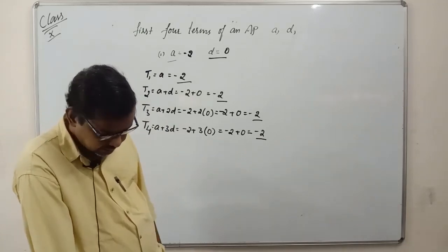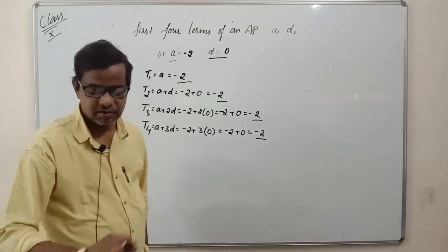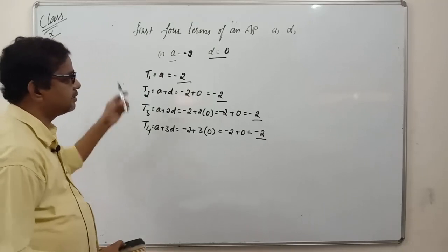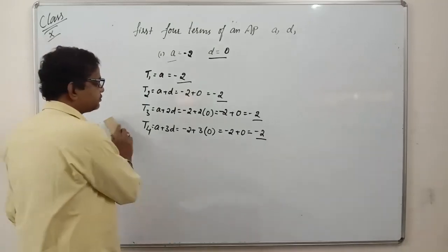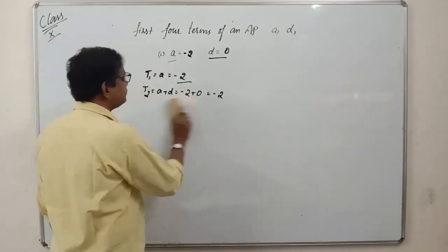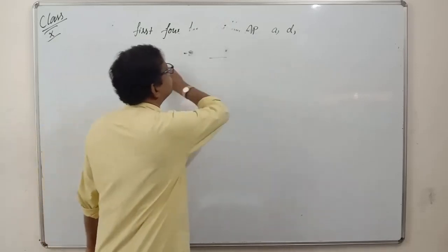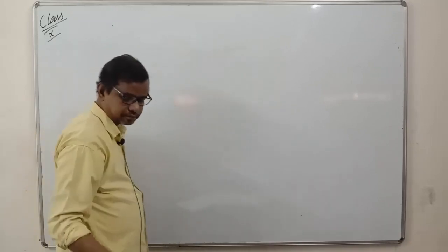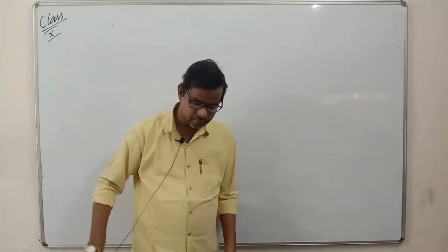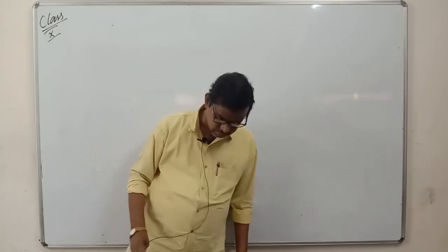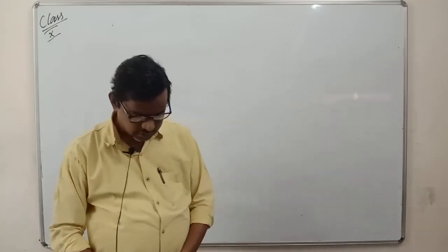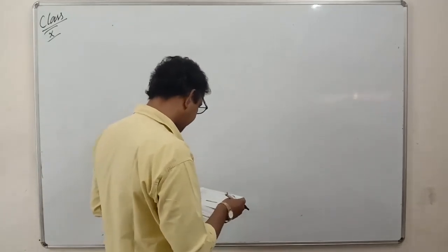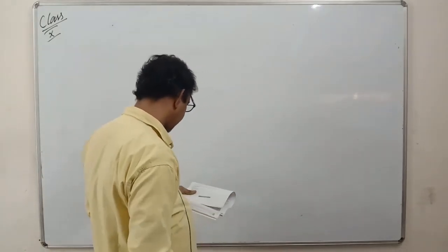Now we'll go with the third one. We start the third one, so take it down. Everything is the same; follow the same procedure. The next question given is: for the following APs, write the first term and the common difference.